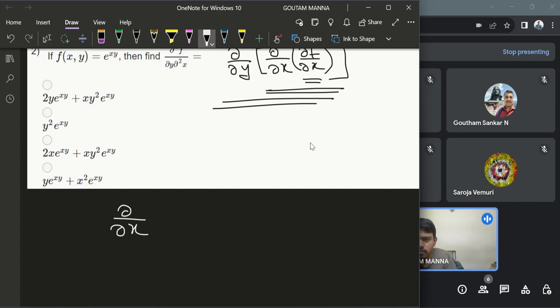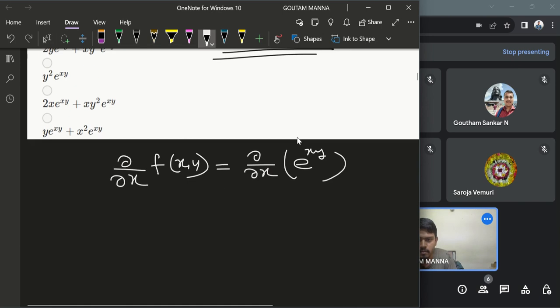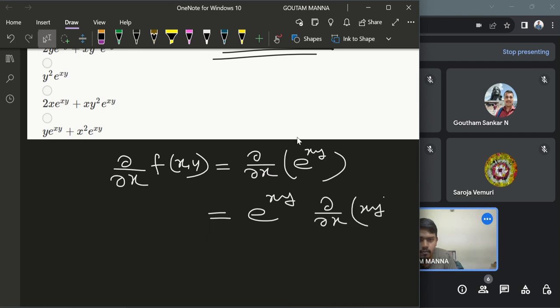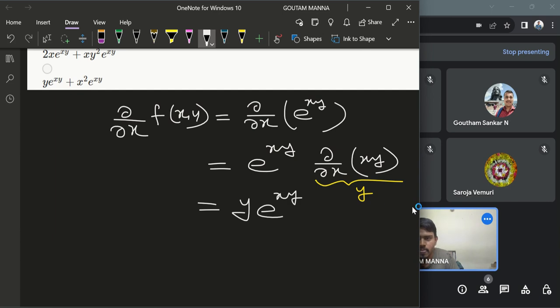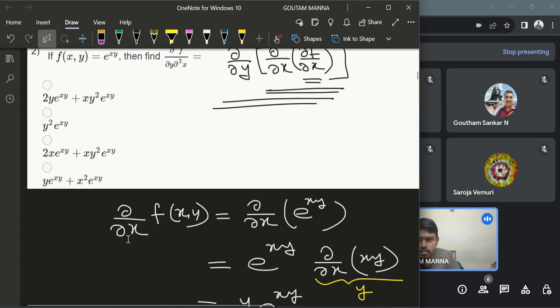So del x of f of xy, which is del x of e to the power xy. So now e to the power xy, its derivative is e to the power xy, and then del x of xy. So now, as it's a partial derivative, treat y as constant, so it will be y times; this derivative will be only y, so y times e to the power xy. So now we need to calculate del x of that.